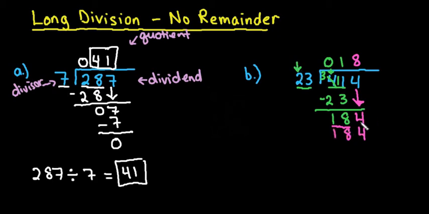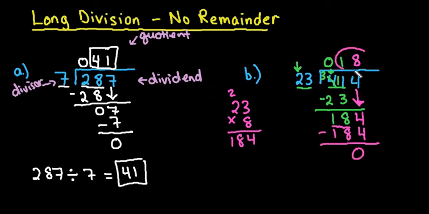So if you have trouble with doing it in your head because you're learning, then you can always take the 8 that we have and multiply it by 23. So 8 times 3 is the 24, carry the 2, 8 times 2 is 16, plus the 2 gives me 184. Okay, and if I subtract this, I can see, again, I do not have a remainder, so the answer to this one, or the quotient, is 18.